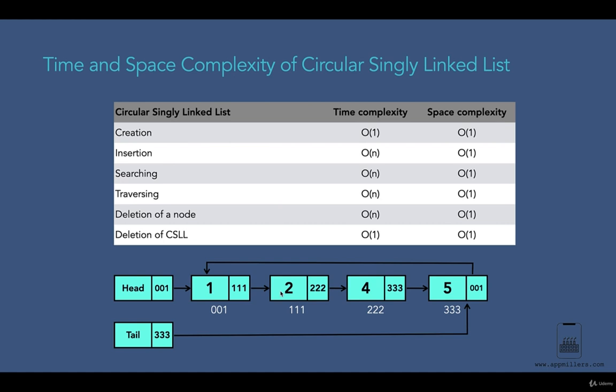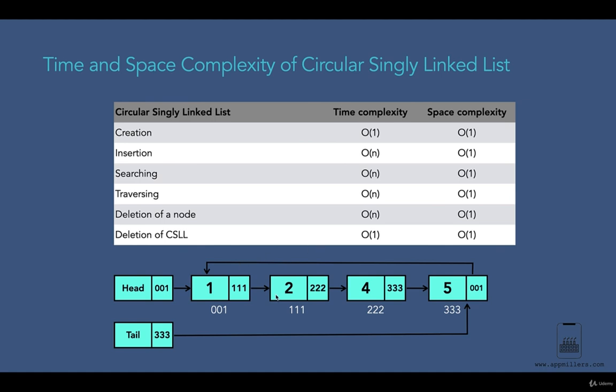Now the space complexity is O(1) because in this case we are just looping through the nodes and checking if this is the node that we are looking for or not. So an additional space is not required over here. Now the next operation is traversing. Now when we are traversing through any given linked list, we are visiting all nodes of this linked list and printing out their value to the console.